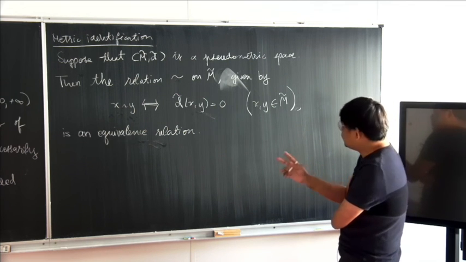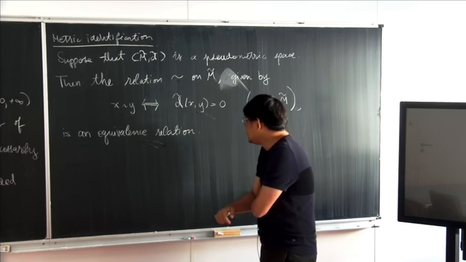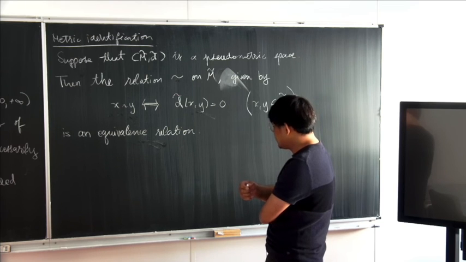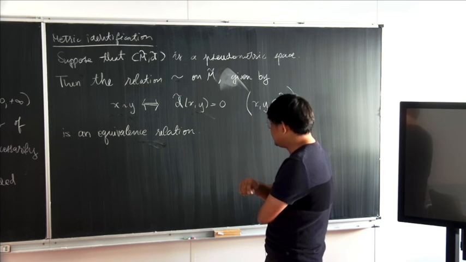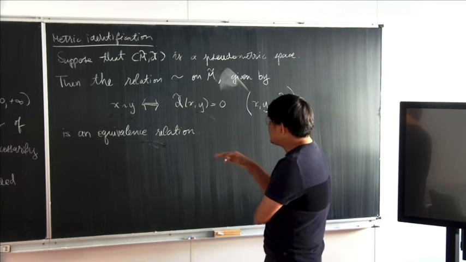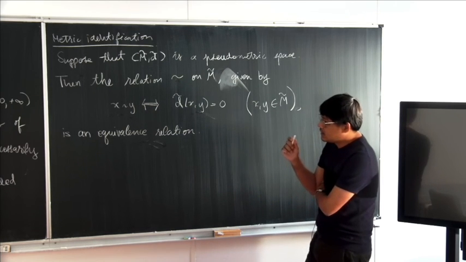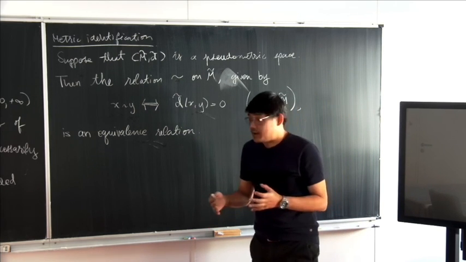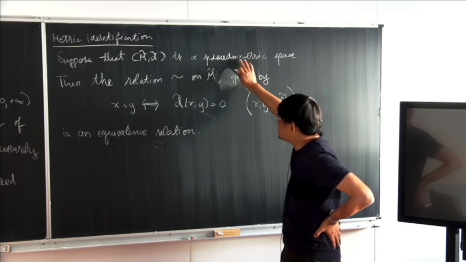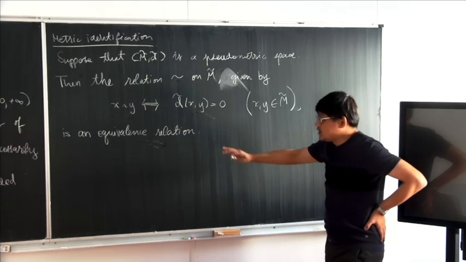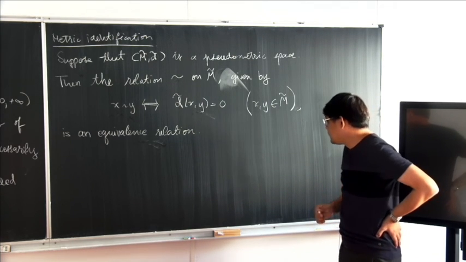Symmetry comes from the symmetry of the pseudometric, and the transitivity comes from the triangle inequality. So it's not so difficult to see that this is an equivalence relation. And when you have an equivalence relation on a metric space, you can create another metric space. This is not a metric space, this is a pseudometric, but you can define what is called the quotient metric space.